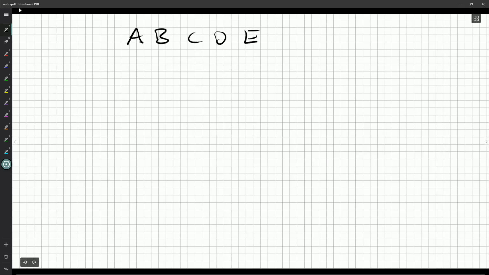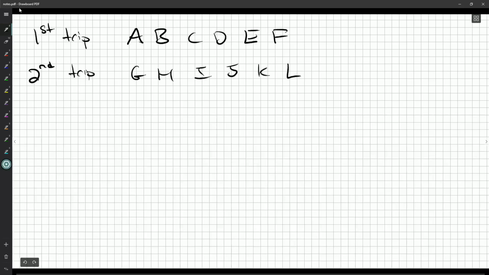So A, B, C, D, E, F would be a nice first trip. Second trip, we could do G, H, I, J, K, L. And so now, we might want to list the pairs out, but that's going to be 66 pairs.